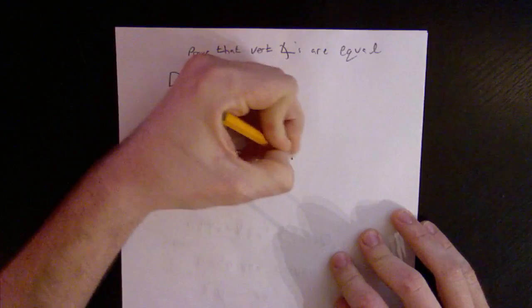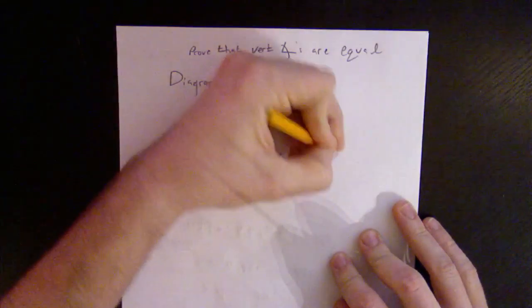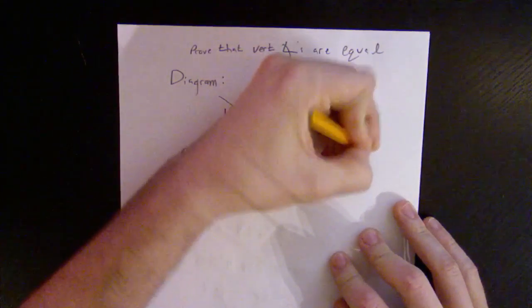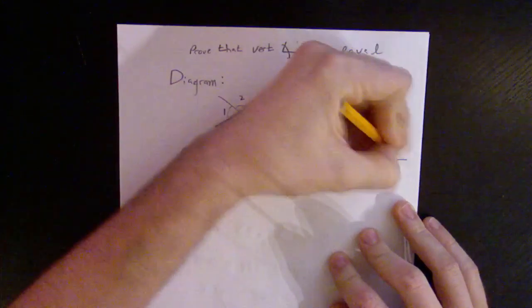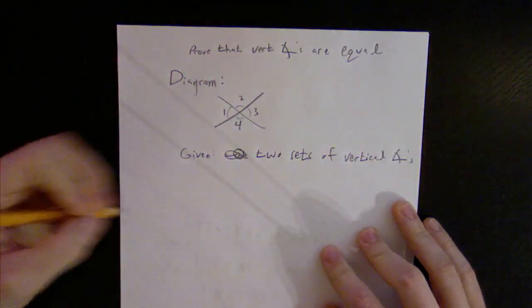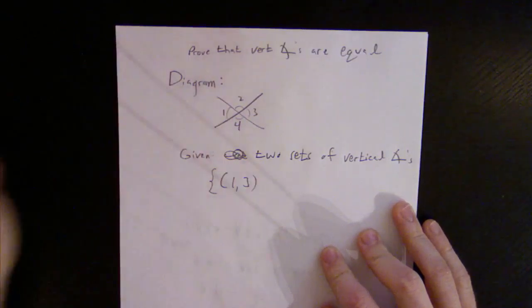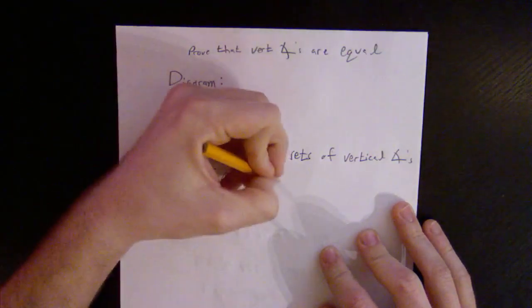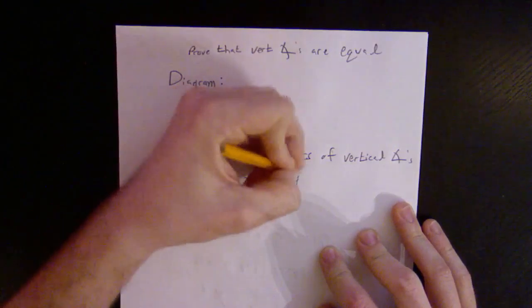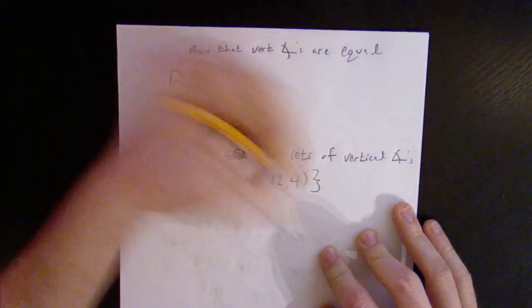2 sets of vertical angles. And those sets are 1, 3 is one set of the vertical angles, and then 2, 4 is my next set of vertical angles.